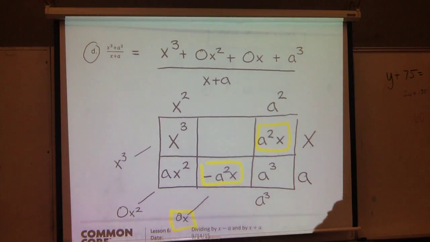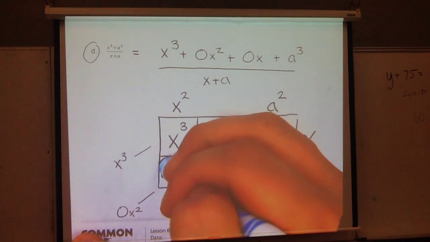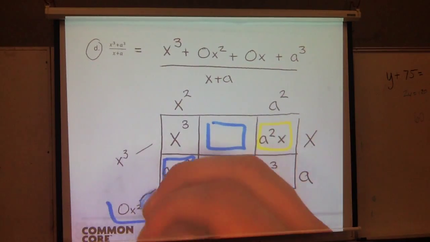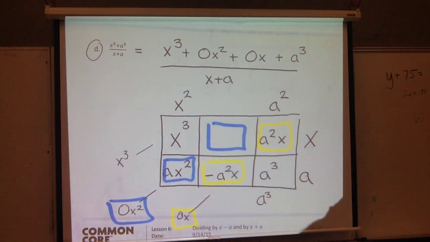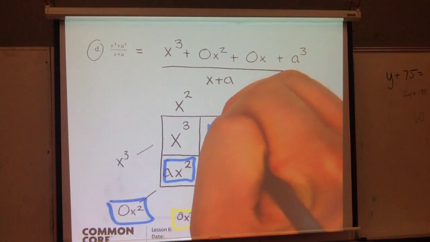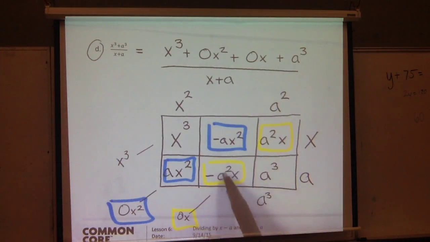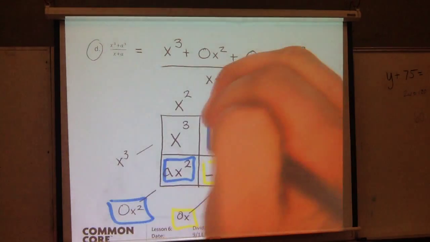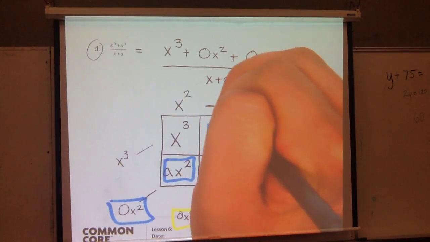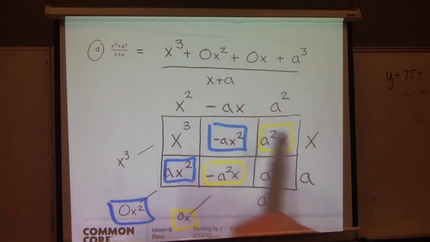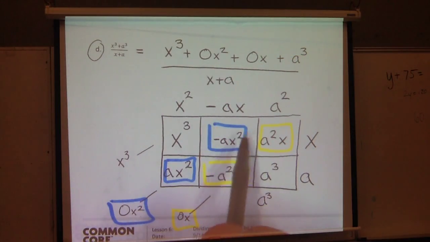The same thing is true with the blue. Both boxes in blue have to add up to 0. And so to get this adding up to 0, we're going to make it a negative ax squared. Now for these two to be true, this must be negative ax. Negative ax times x is negative ax squared.